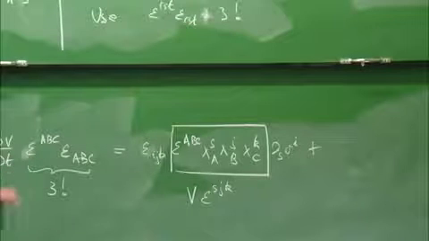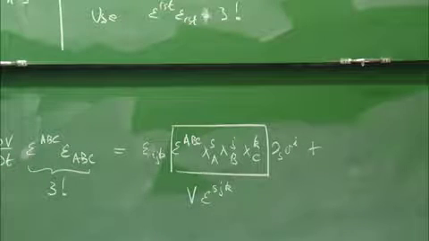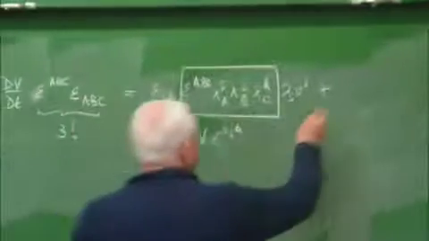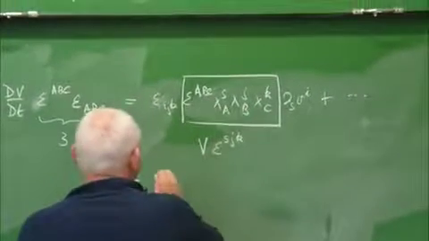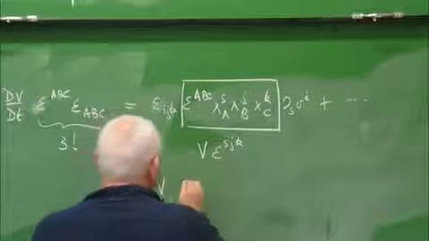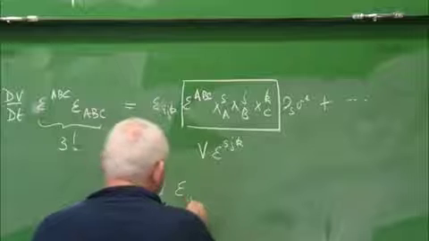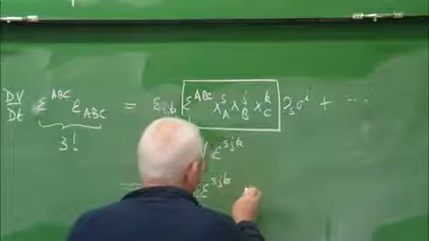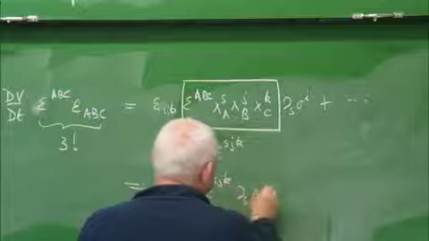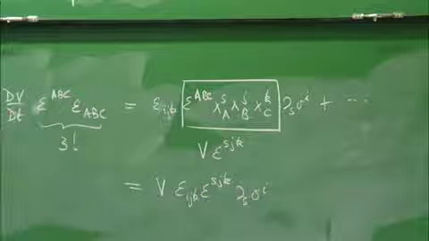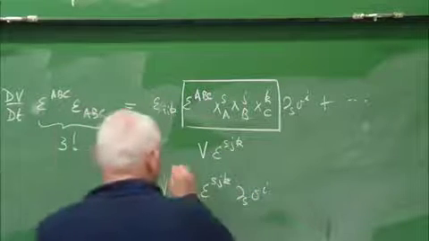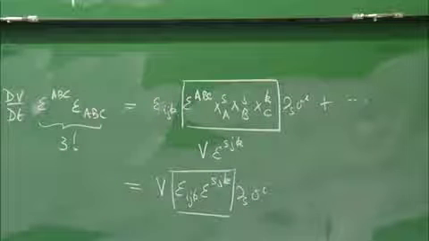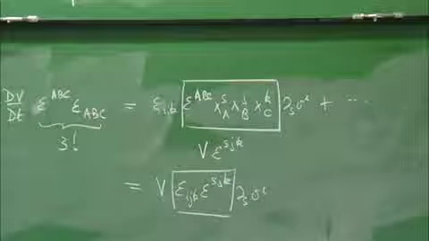Same thing happens in each of the two remaining terms. I now have V times epsilon ijk, epsilon sjk, del S dI. And I use, this is the epsilon summed over two indices, right?